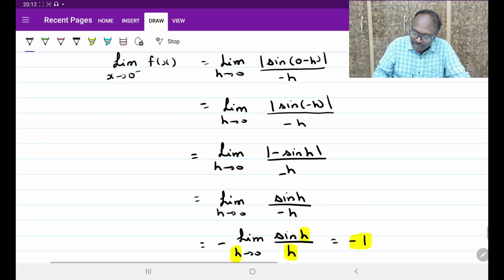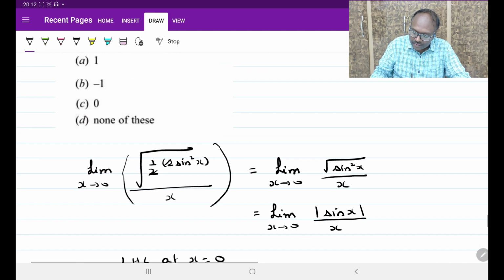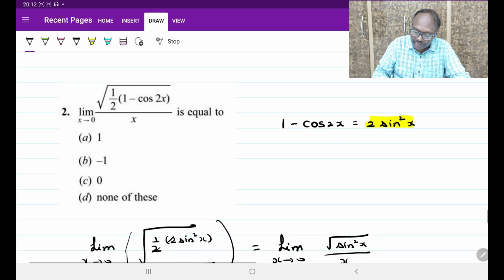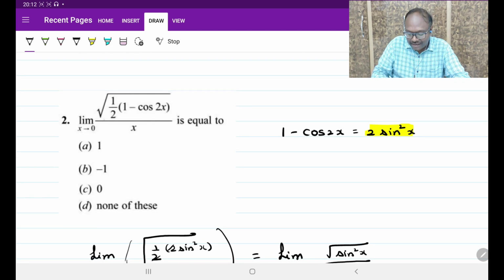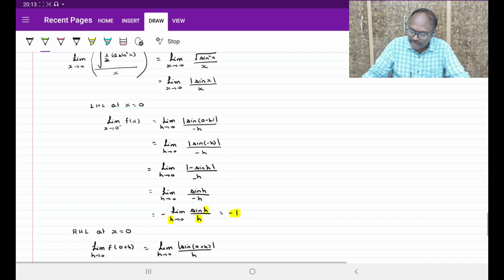Here f of x is the function root over half into 2 sin square x by x, which was obtained by simplifying root over half into 1 minus cos 2x by x. So for limit x tends to 0 f of x, the right answer will be none of these, because it is not matching with either 1, minus 1 or 0, because the limit does not exist. So the answer is option D. You can pause the video and make a note of this.